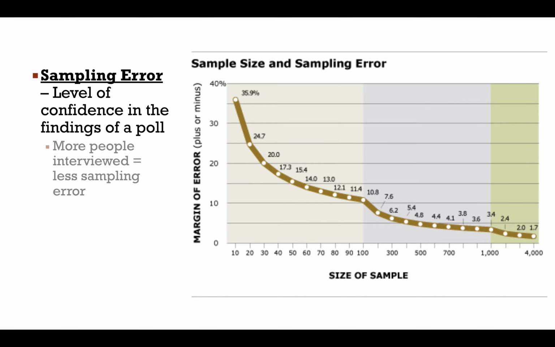And I'll give you an example right now. Let's say I ask 10 people whether or not they like cheese, and it comes out that 50% of people like cheese. Now, my sampling error is 35%. That means my sample, my poll, is pretty bad, because theoretically, the actual amount could be 85% of people liking cheese.